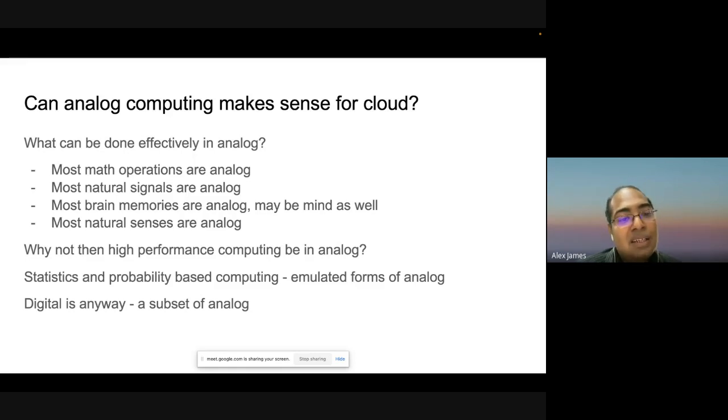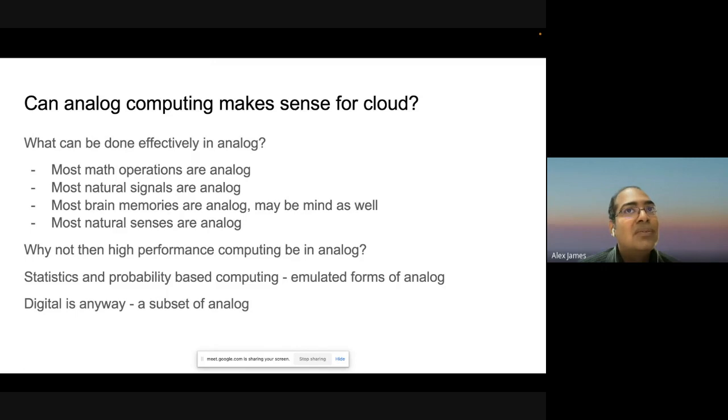Then the alternate question that one would ask is, okay, if brain memories are purely analog, in the way our mind works, which is more like the functionality of the brain being used, why can't we then do it in analog? Because most of the functions that we are trying to achieve through computing, apart from a small set of tasks, are things that we could do with our brain.